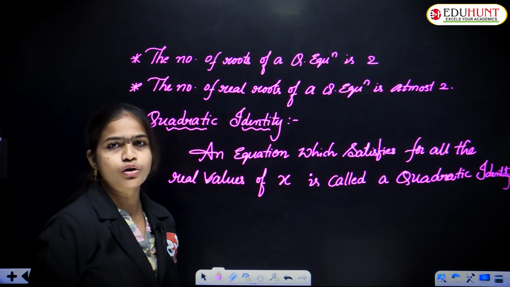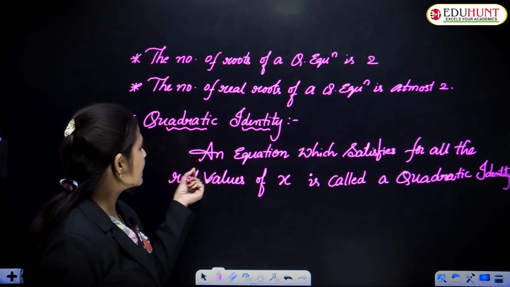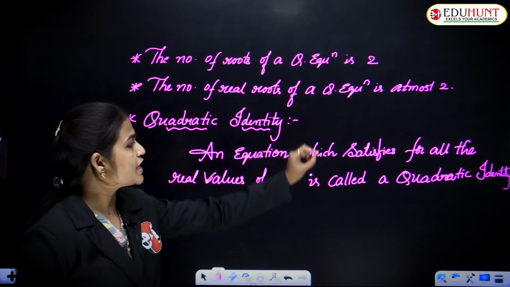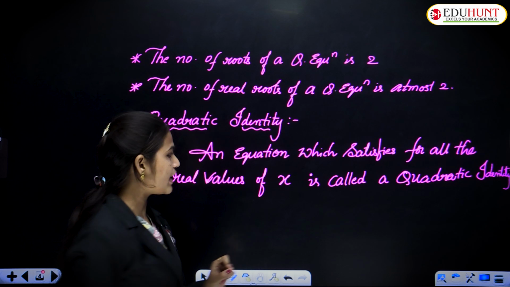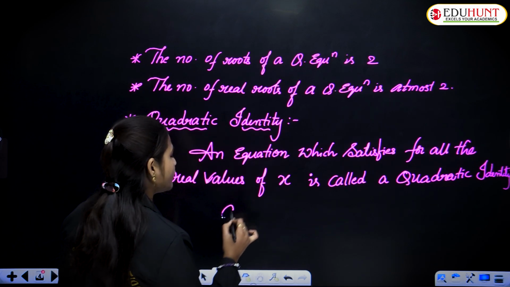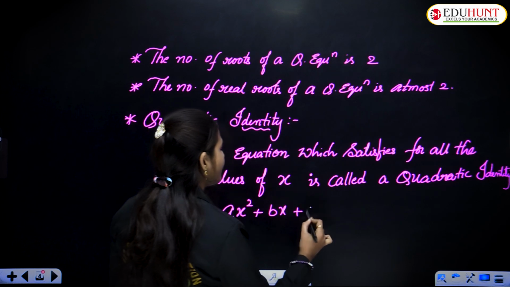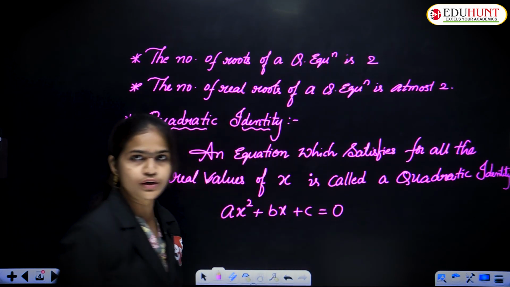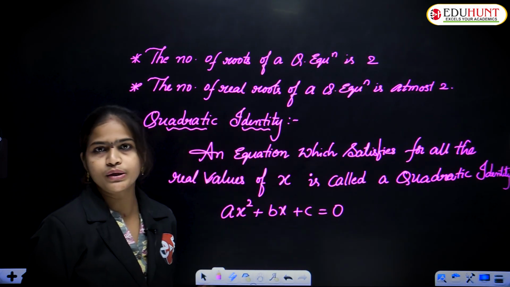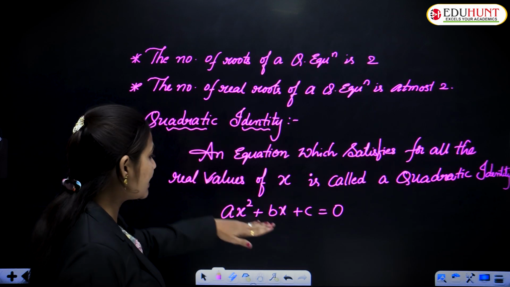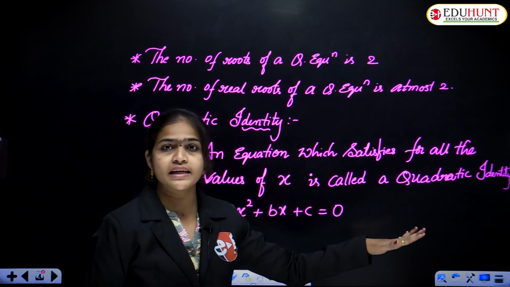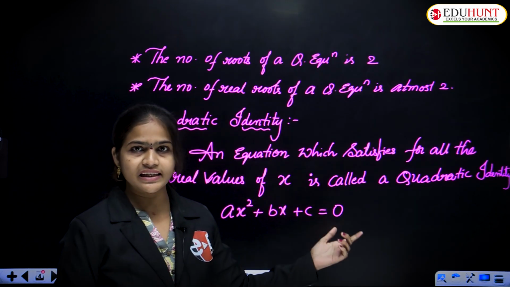What is the meaning of that definition? See here children, an equation which satisfies for all the real values of x. The general form of a quadratic equation is ax square plus bx plus c is equal to 0. We know that, right? And here a not equal to 0, then we can say that is a quadratic equation.